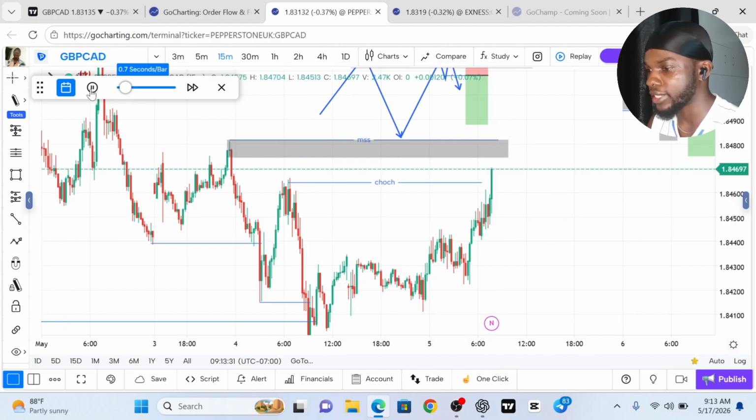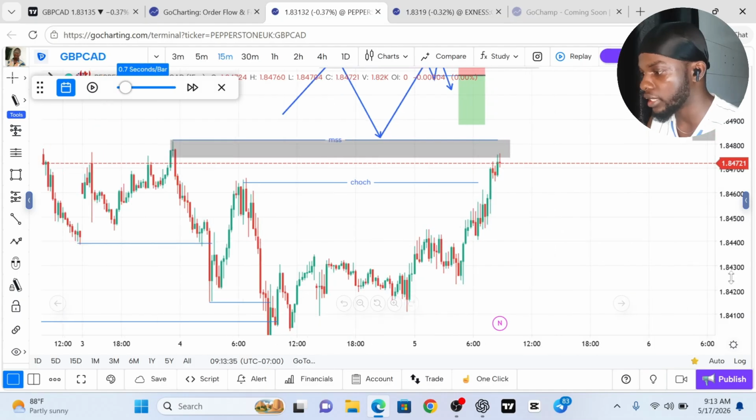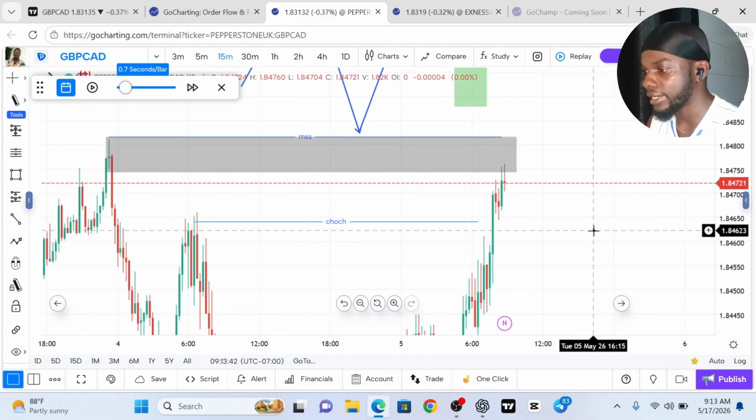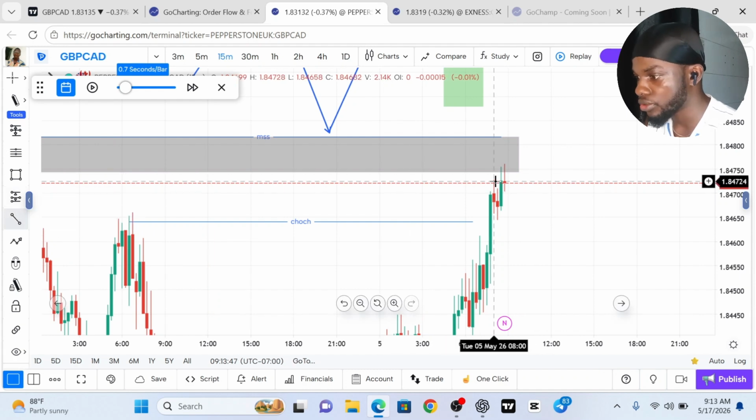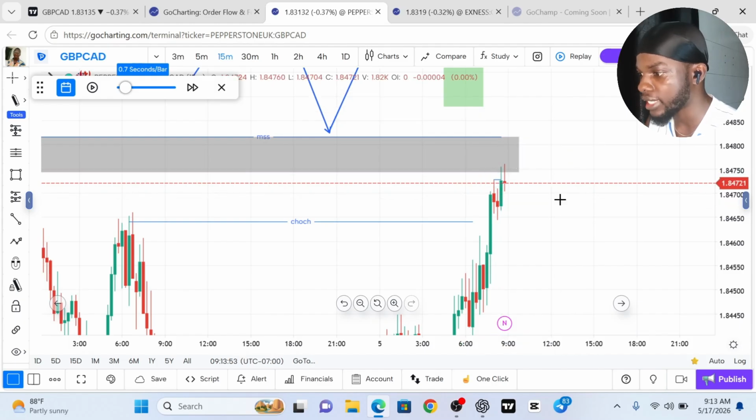So I play the price, then boom, the market has tapped into the zone. Have you seen it? And as it tapped into the zone, it has created a break of structure already. So here is the break of structure that you are looking out for. The first thing you are looking out for when price taps in the zone.